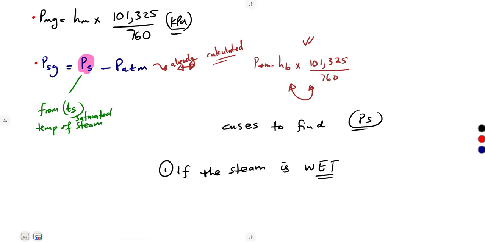So if the steam is wet, use that temperature. You're going to use the wet steam temperature to find your PS. From the temperature, from your steam tables, remember you can obtain the pressure from there.